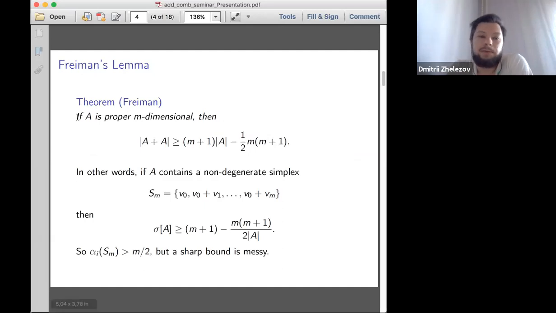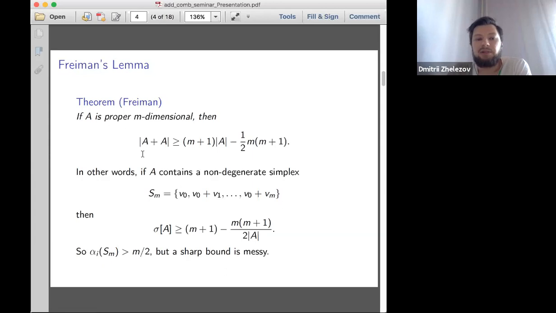So it's a rather famous Freiman's lemma, and it's much simpler than the celebrated Freiman theorem, which says much about generalized arithmetic progressions and how the sets are actually structured.